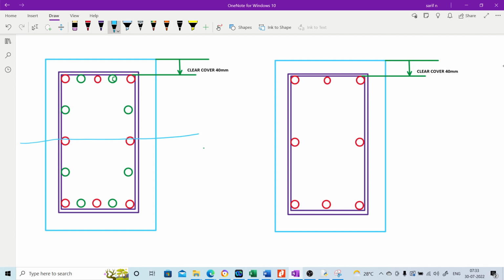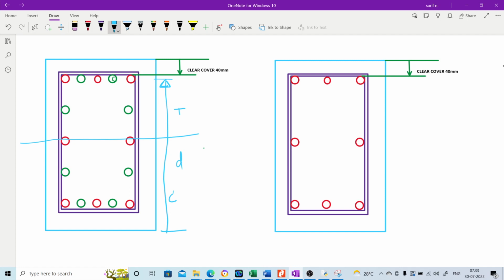Central axis is this. One area is the compression area, the other area is the tension area. Effective depth will be the distance from the outer compression fibre to the center of this set of reinforcement. So this will give you the effective depth.